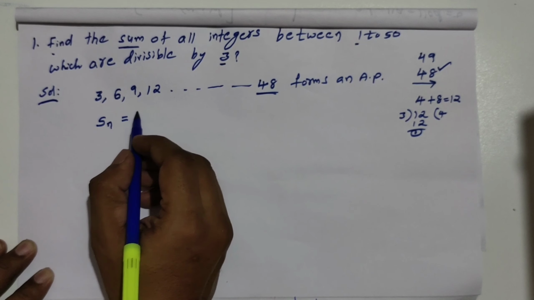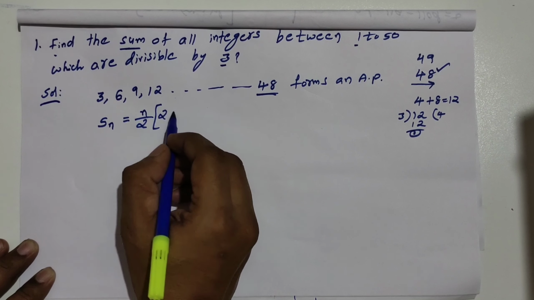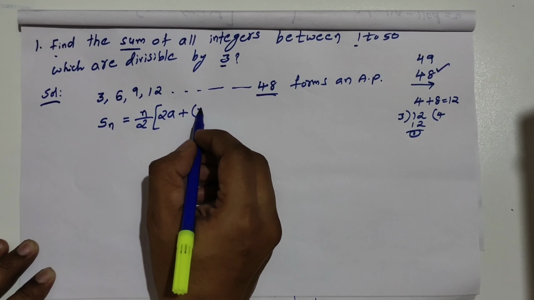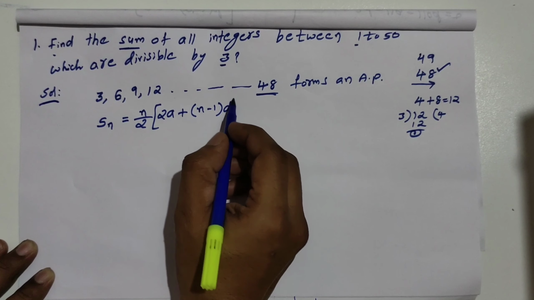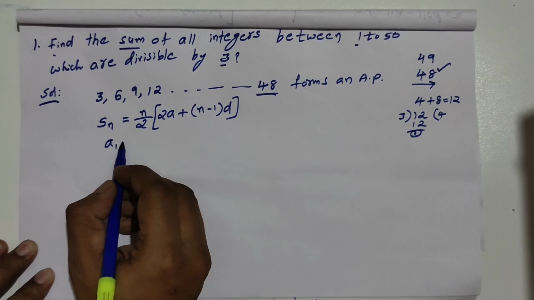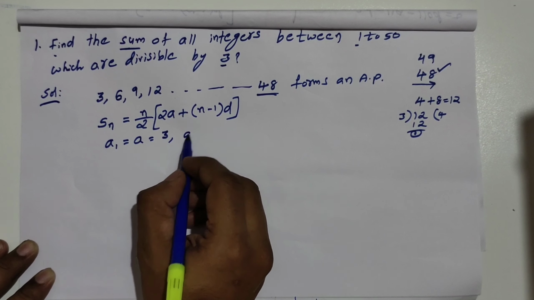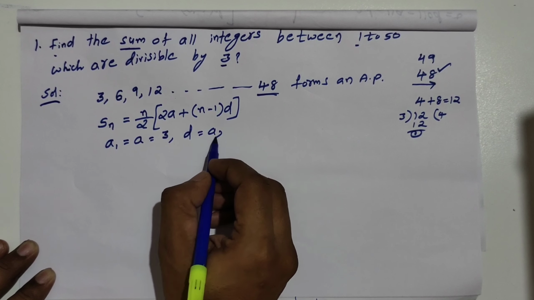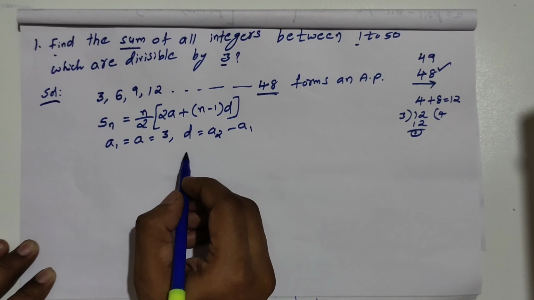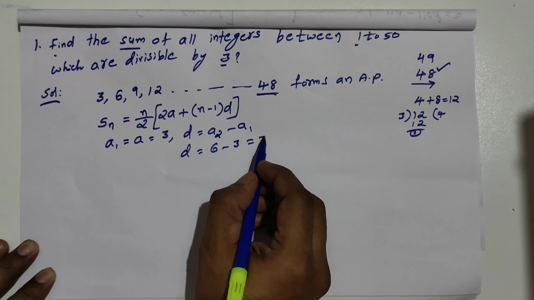So here we can write Sn is equal to n by 2 into 2a plus n minus 1 into d. The first term is a, that is 3, and the common difference d is a2 minus a1, that is 6 minus 3, which is 3.